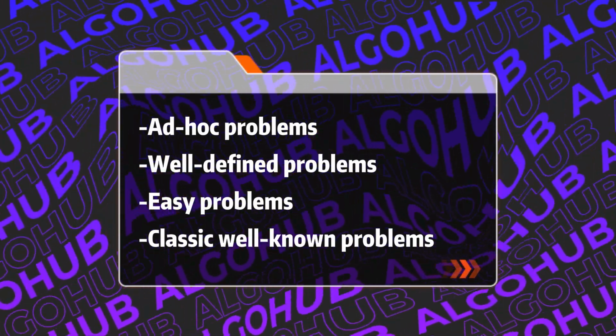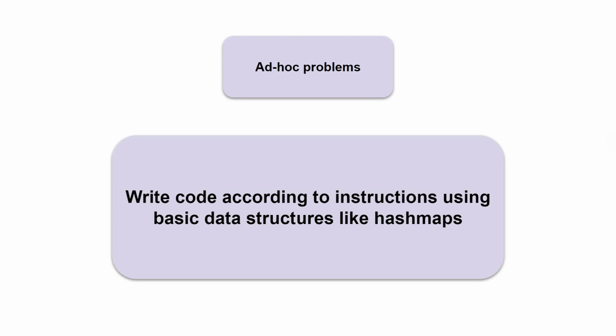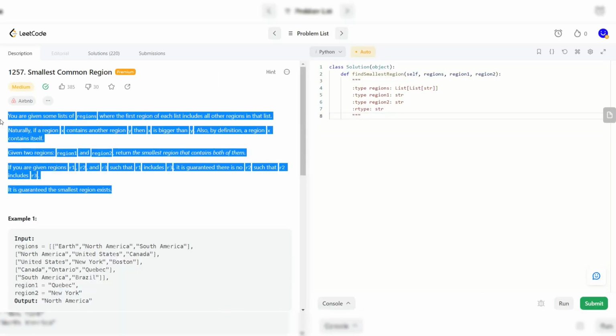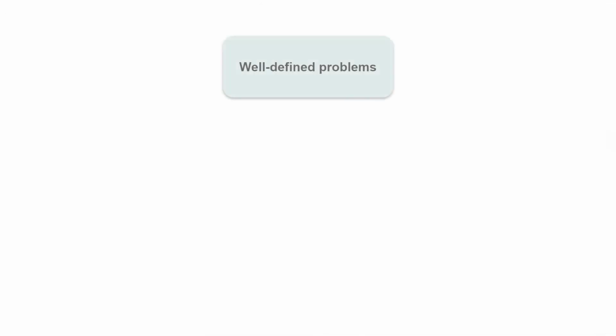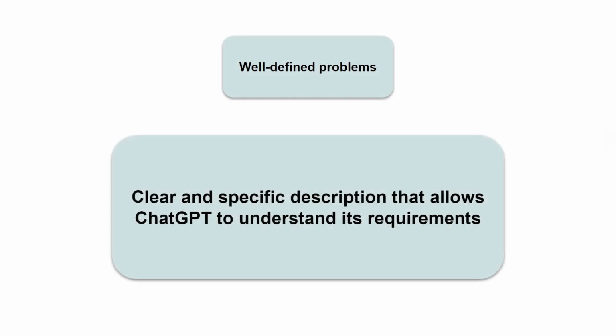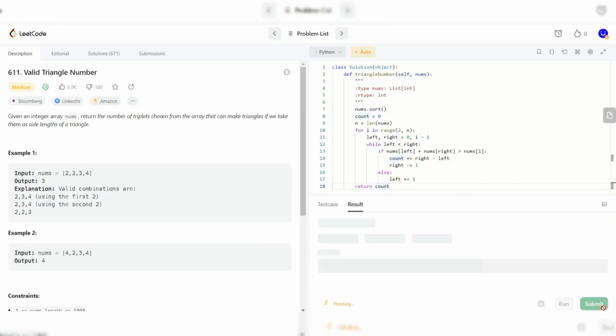This approach can be useful for 4 types of problems. Ad hoc problems are problems that ask you to write code according to instructions using basic data structures like hash maps. Problems like smallest common region is an ad hoc problem that ChatGPT can solve easily. Well-defined problems have a clear and specific description that allows ChatGPT to understand its requirements, as exemplified by the problem valid triangle number.